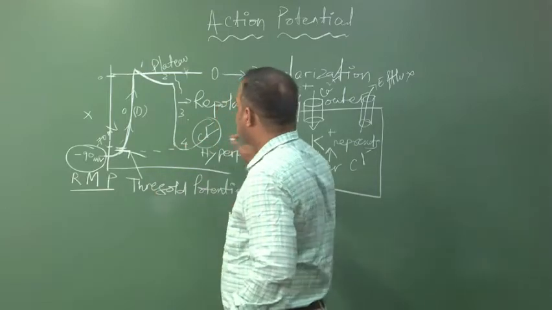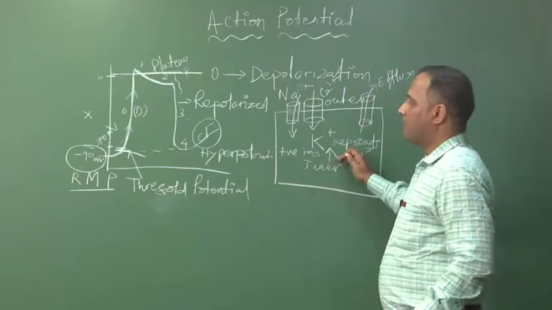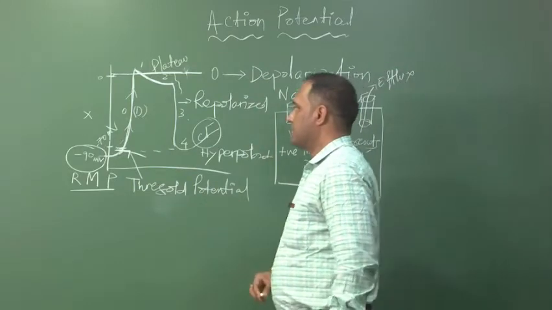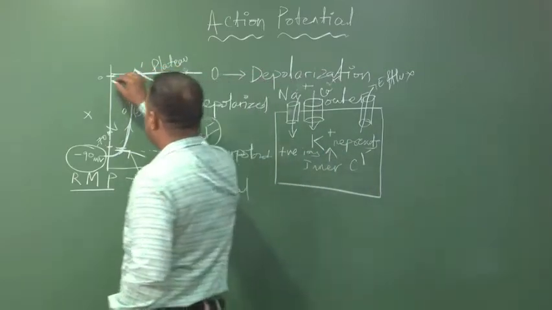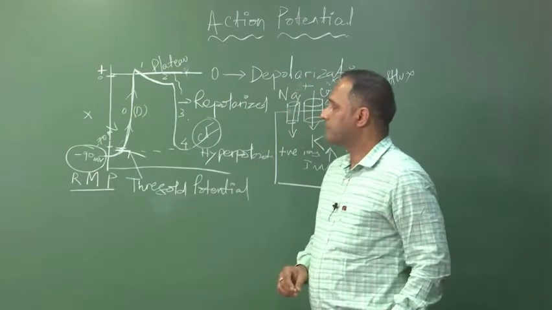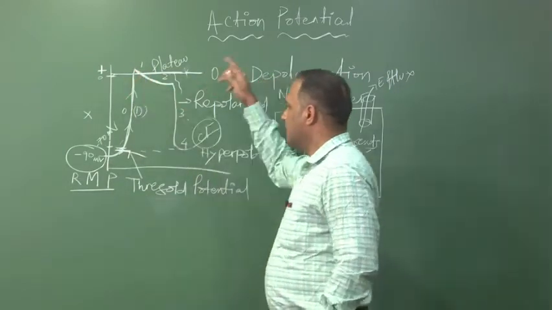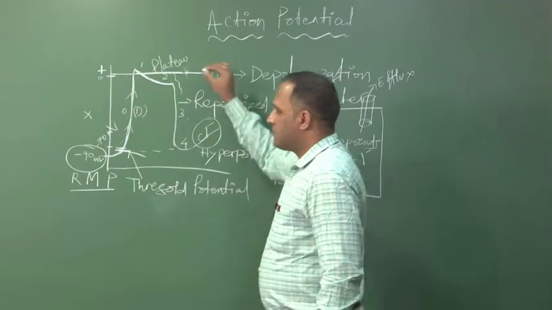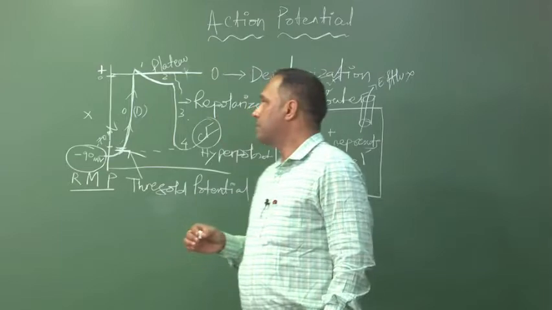That means sodium and potassium are represented more in this phase, the zero phase. Thereafter, it reaches the positive side: from minus 90 millivolt it travels to zero, and from there it travels to some extent that is known as the plateau.